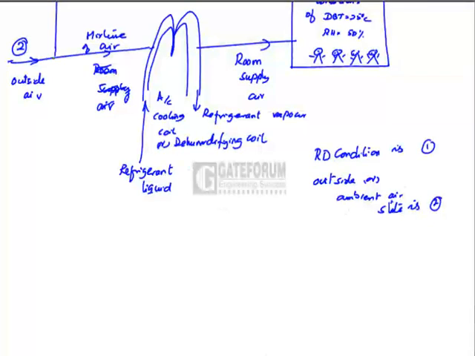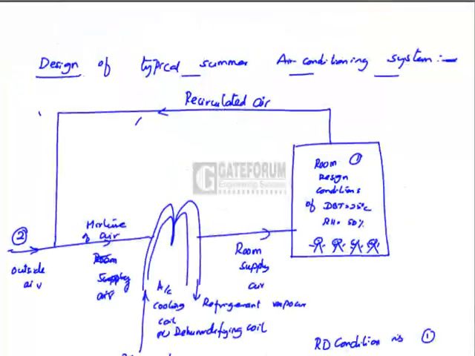So the recirculated air, approximately 60% at the room design condition, mixes with the 40% of the outside air at state 2 to form the mixture state at 3.